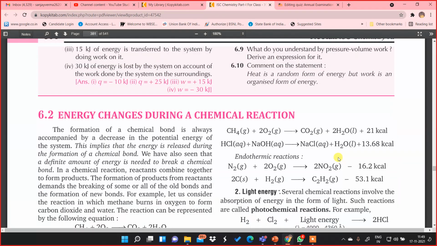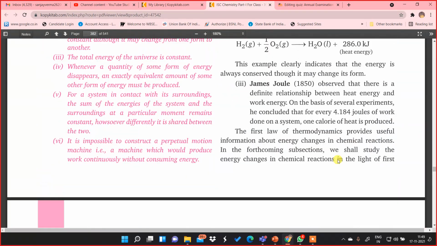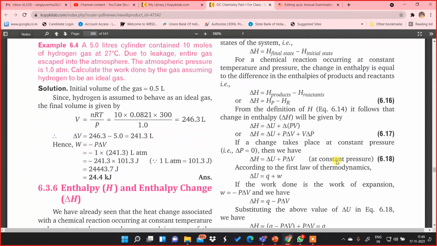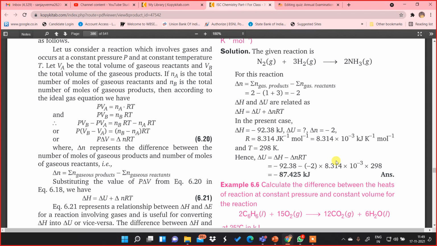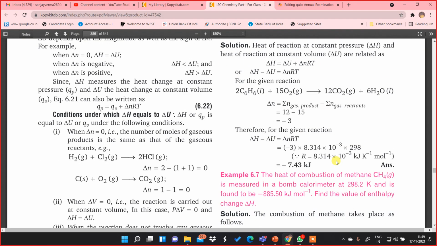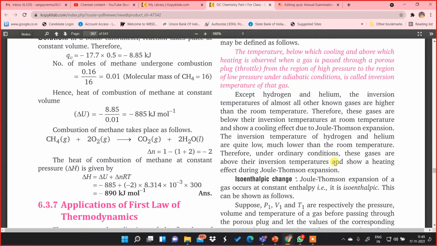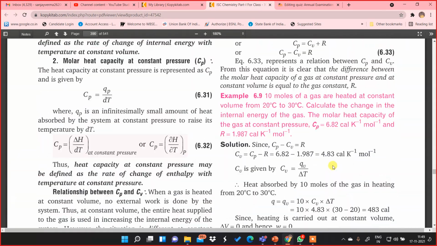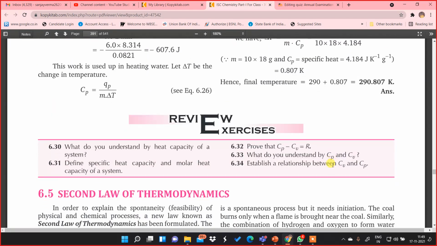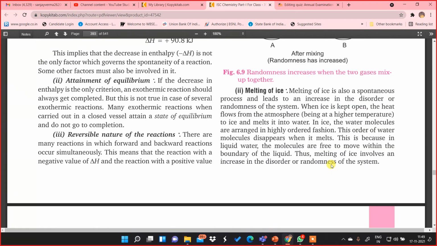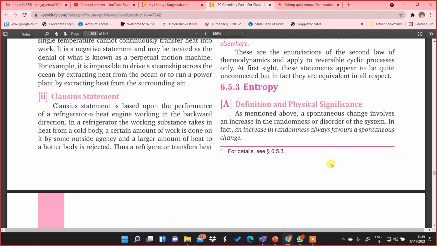Okay, so we come back to our page and discuss the next topic in this chapter, which is called work function.